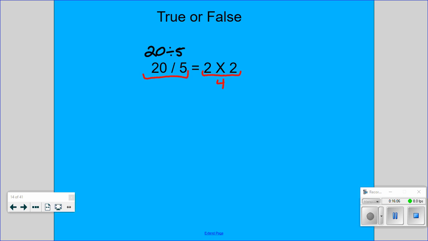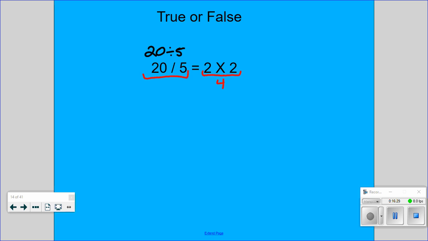Division. A couple of ways we could do this. We could make our 5 groups and deal out. We know that division is very similar to multiplication. Can I skip count by 5s and count my groups until I get to 20? Yeah. Let's do it.